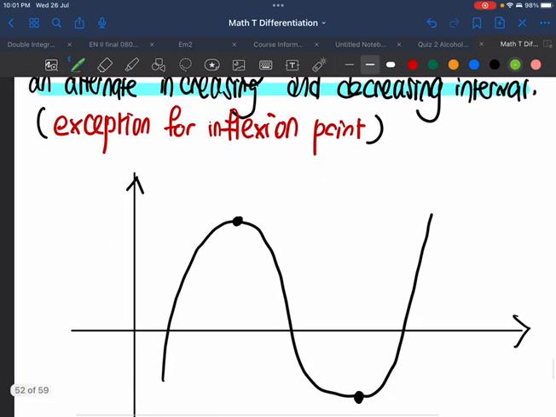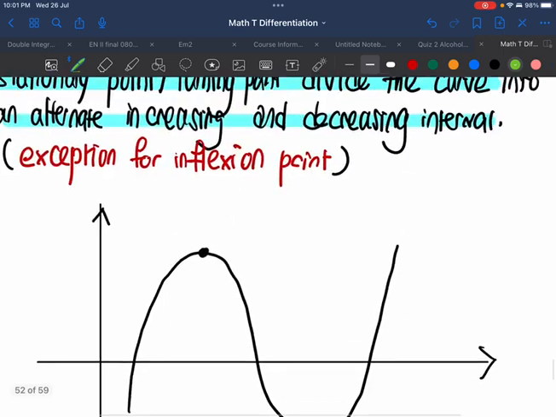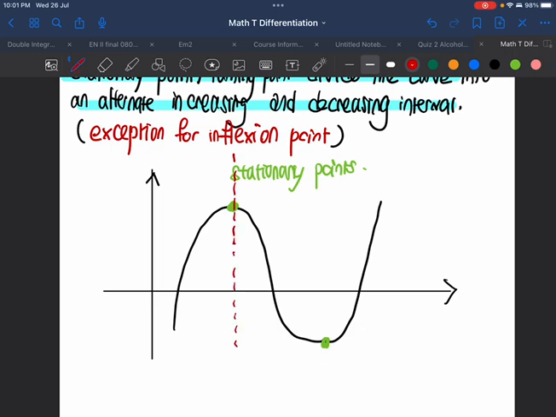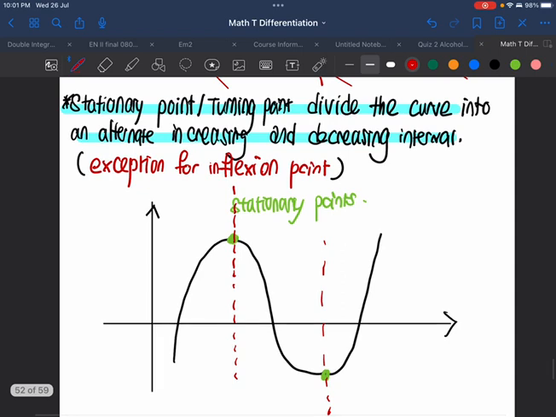Let's say in this case, this point and this point are stationary points. So we have two stationary points, and let's say we draw an imaginary line here and here. You can see why I say stationary points divide the curve into alternate increasing and decreasing intervals.